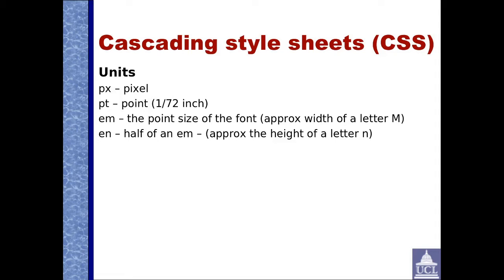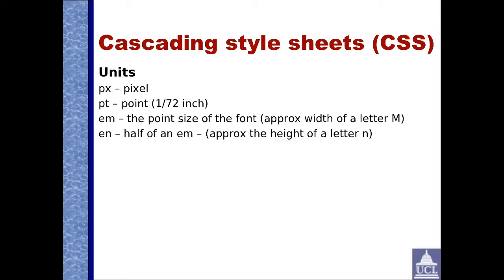A point is technically 1/72nd of an inch. It's used in typesetting as the kind of smallest measure of size. So obviously we talk about things like 10-point fonts, 12-point fonts, and so on. The next unit that people use is the EM, or M, which is the point size of the font.